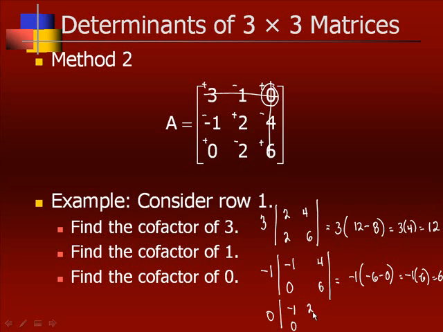So that's negative 1, 0, 2, and 2, which is 0 times negative 2 minus 0, which is 0 times negative 2, which is 0. Technically, we didn't even have to do that because we knew 0 times anything was 0.